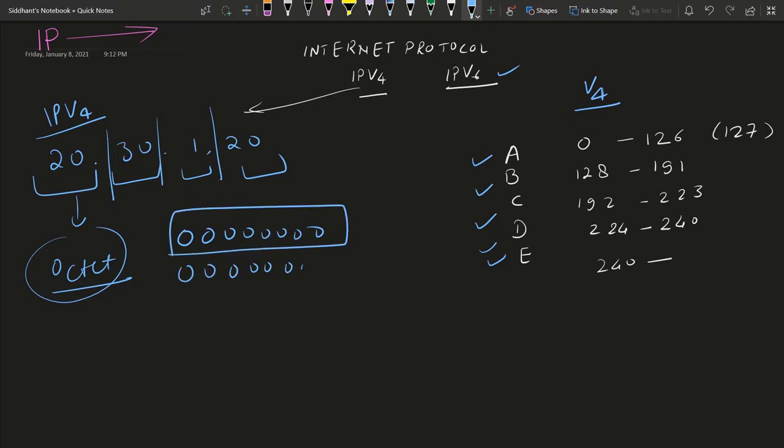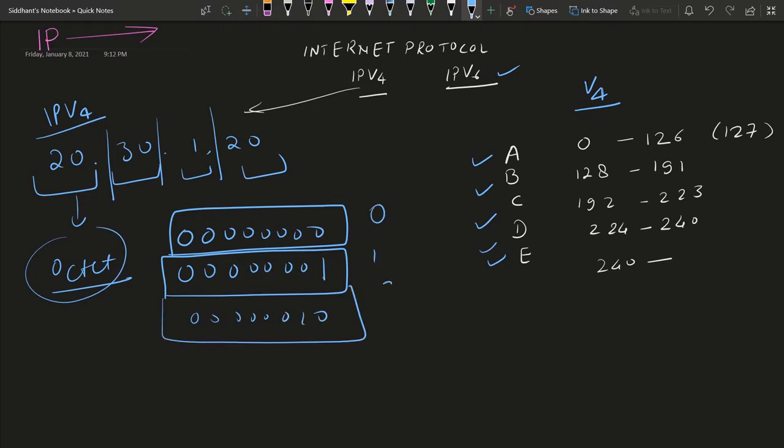Then for 1 we will use this one, then for 2 we will use this one, and it will go through 1, 1, 1, 1, 1, 1, 1, 1, which is 255.